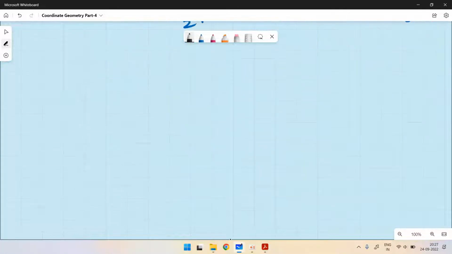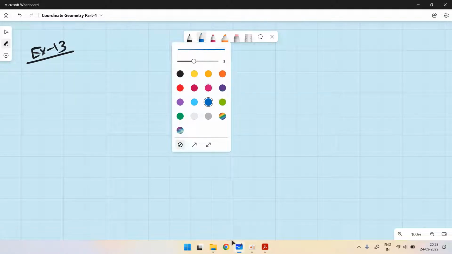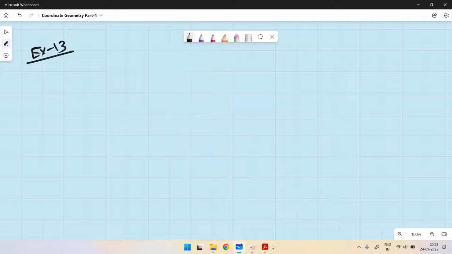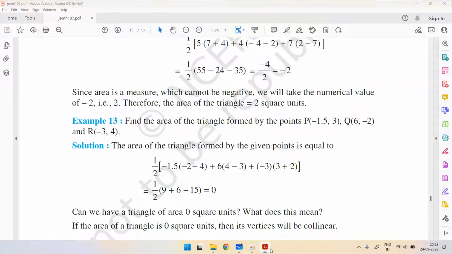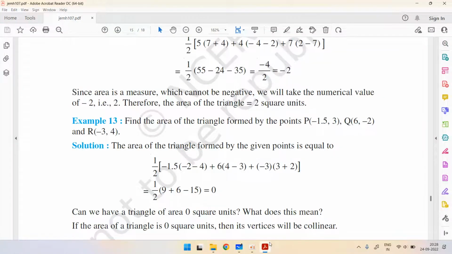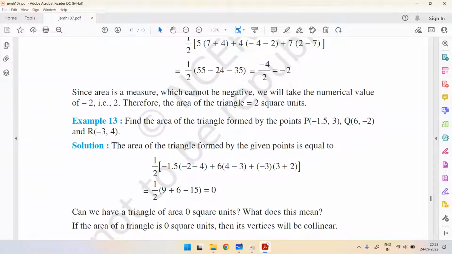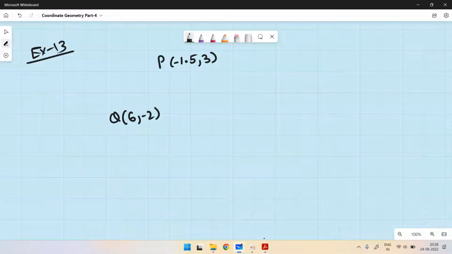Example 13 says that P is (minus 1.5, 3), Q is (6, minus 2), and R is (minus 3, 4).